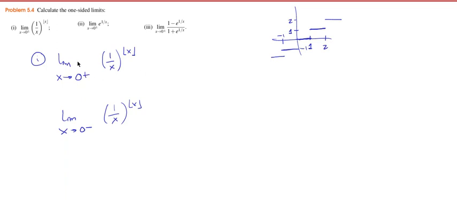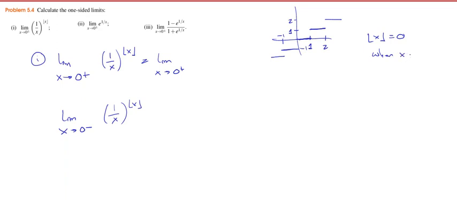Now, when you approach 0 from the right, the integer part of x is identically 0. It's not only asymptotically equivalent to 0, it's equal to 0.